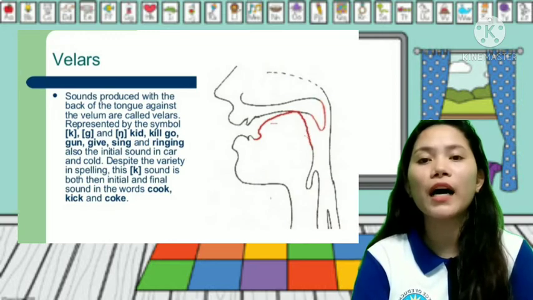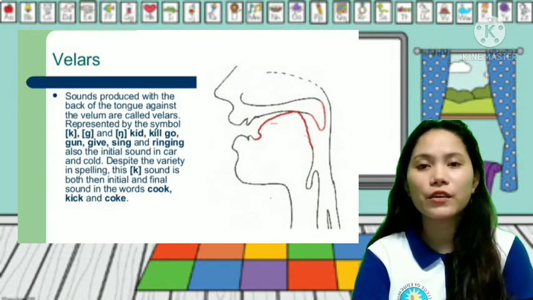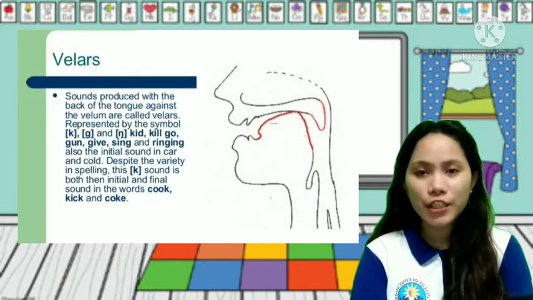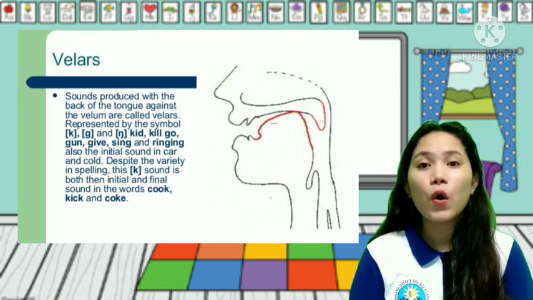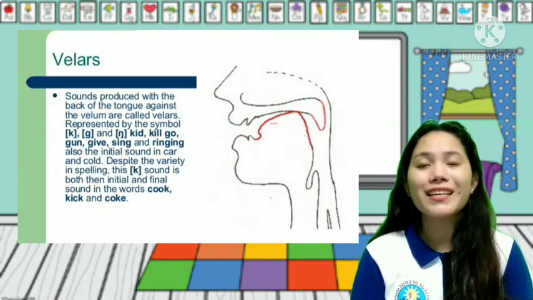Sounds produced with the back of the tongue against the velum are called velars, represented by the symbols K, G, and N. Examples are kid, kill, go, gun, give, sing, ringing.